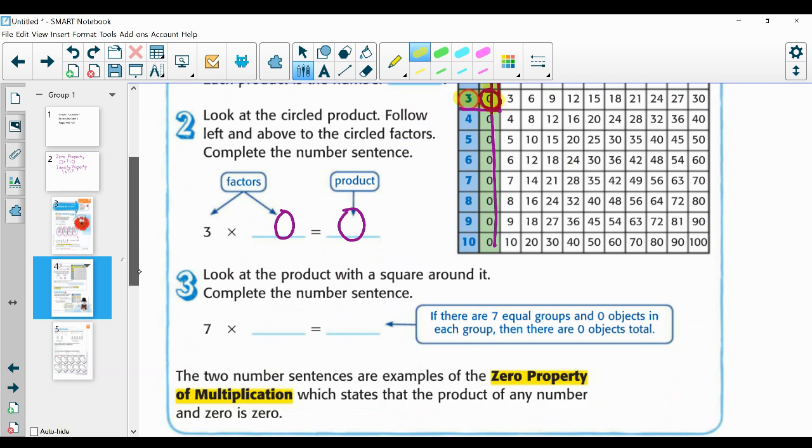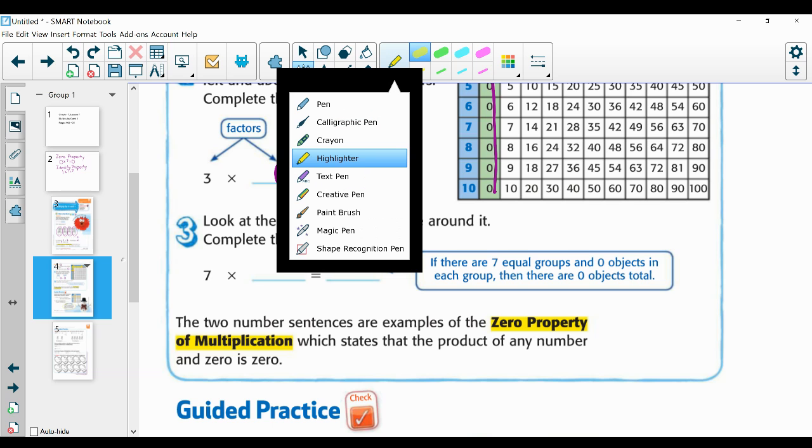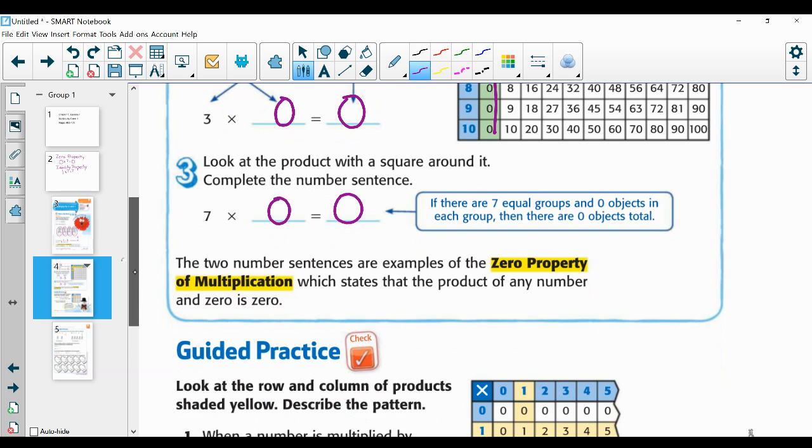So it's 7 and 0. So 7 times 0 equals 0. If there are 7 equal groups and 0 objects in each group, then there are 0 objects total. The 2 number sentences are examples of the zero property of multiplication, which states that the product of any number and 0 is 0.